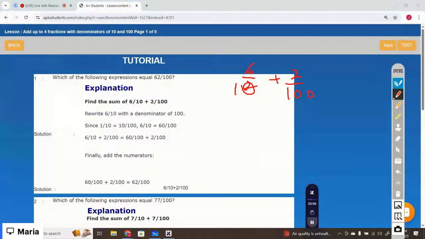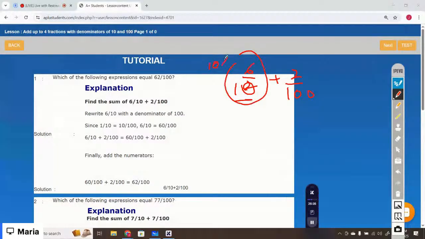The first thing you need to do is make the denominators the same, right? You always make the smaller denominator equal to the bigger one, so 10 times 10 is 100.